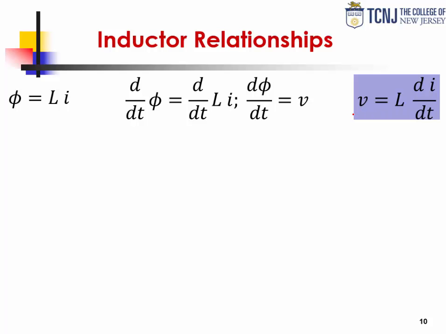What that means is that for DC sources, the inductor is going to act as a wire or a short. Also, this derivative needs to be finite, and we cannot have an instantaneous change of current in an inductor. If that happens, the inductor is going to oppose that change by developing a very high voltage across it.